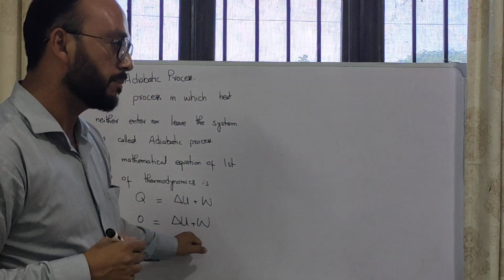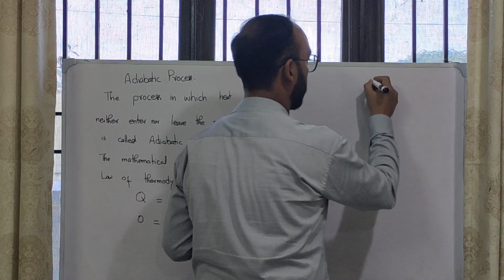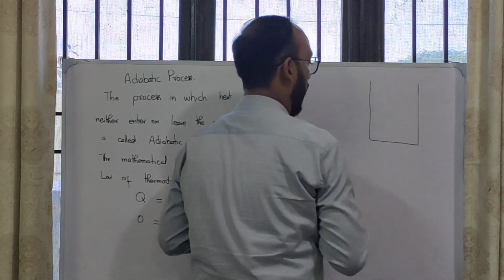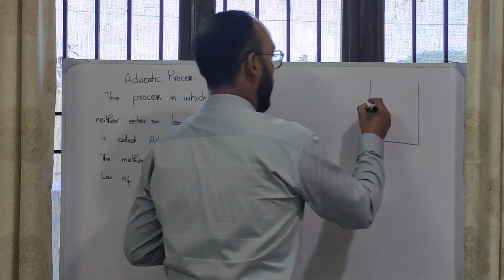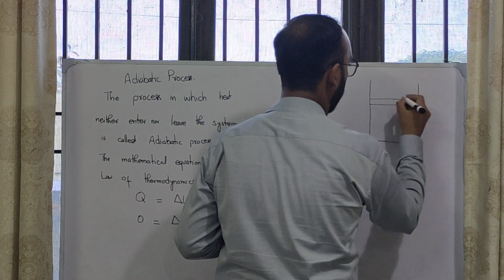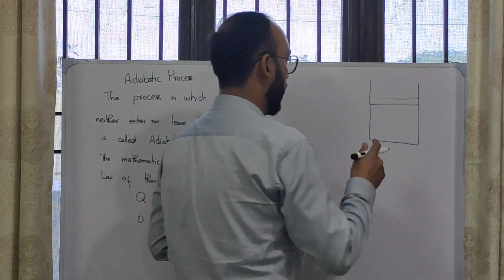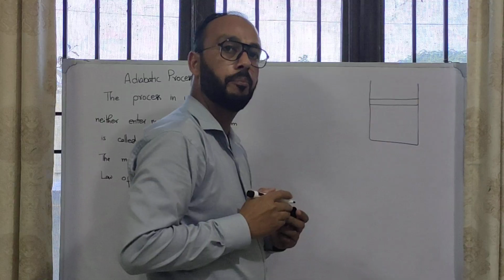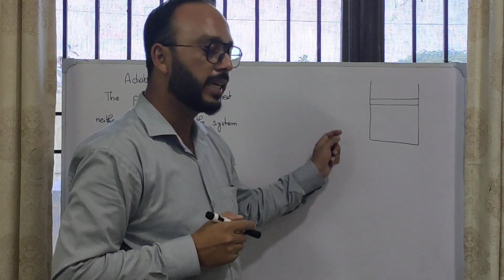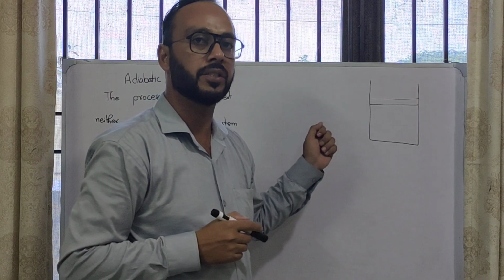For adiabatic expansion, let's see, we have a cylinder in which we have an ideal gas. The piston of the cylinder is allowed to move. This cylinder is perfectly insulated, so heat can neither enter the cylinder nor leave the system.